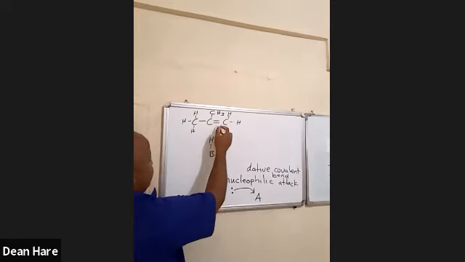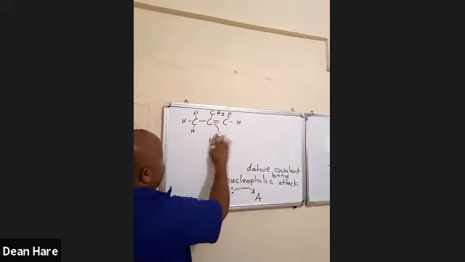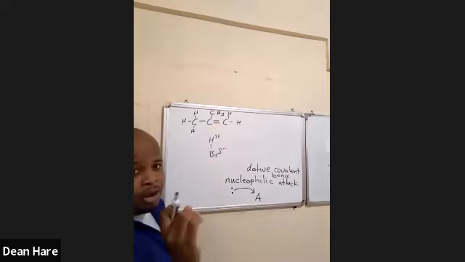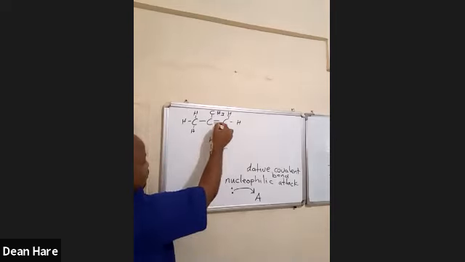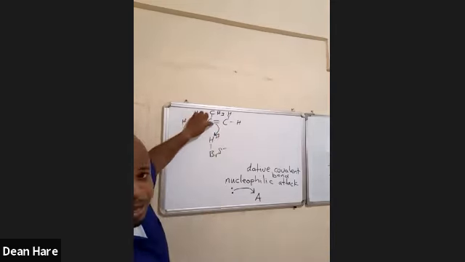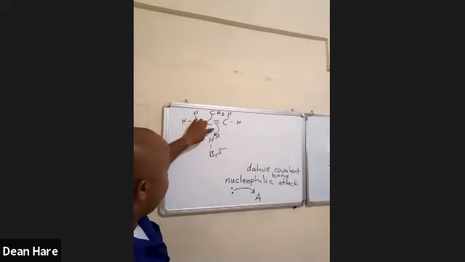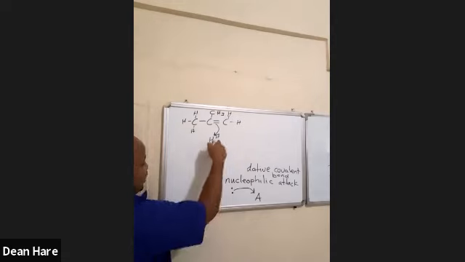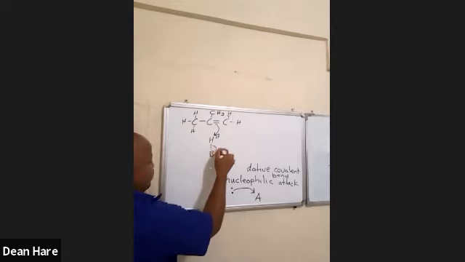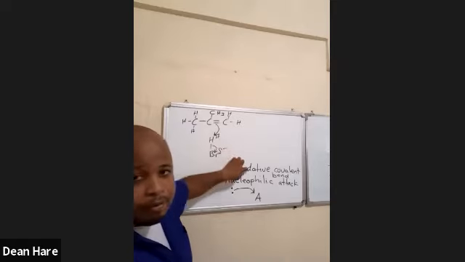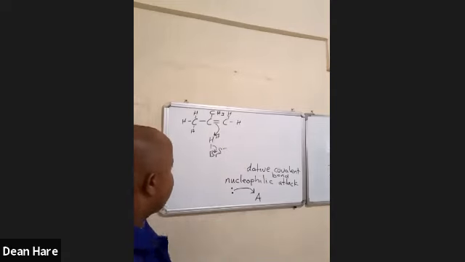So if the double bond attacks, and when you're drawing your curved arrows, carry it from the source of the electrons to where they are going. So the electrons are in the double bond, so you should be drawing your arrow from the double bond pointing towards the hydrogen. The bond between the hydrogen and the bromine is going to be broken. So remember, a nucleophilic attack means a dative covalent bond is being produced.